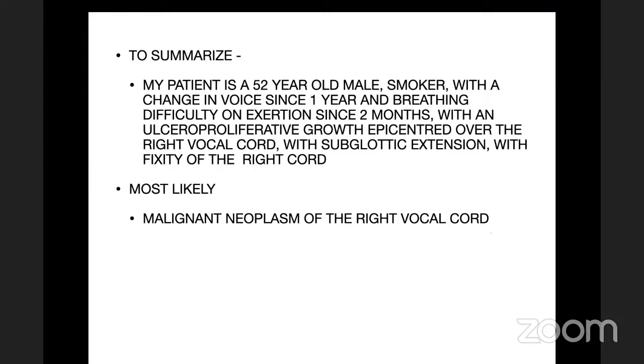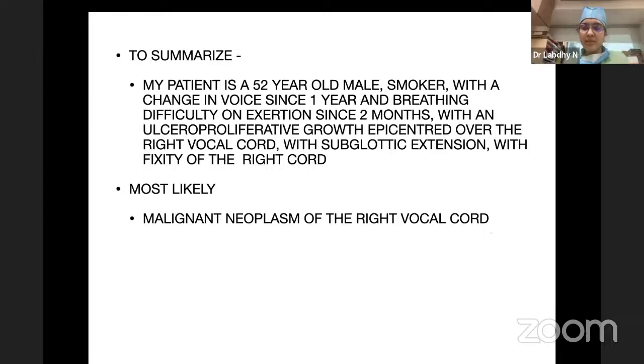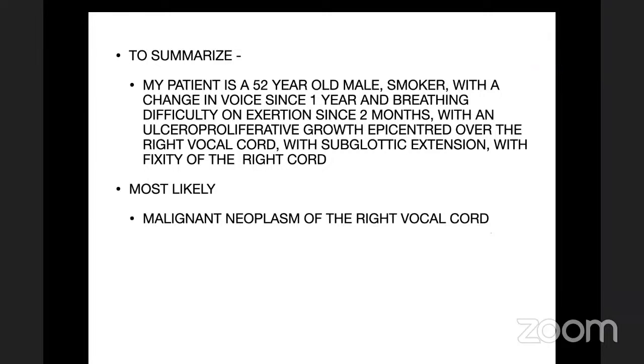When will you qualify it as T4? When there is exolaryngeal spread, either through the cartilage or through the soft tissue, involving the trachea, the soft tissues of the neck including the thyroid gland, the strap muscles, the esophagus, or the extrinsic muscles of the tongue. Okay.